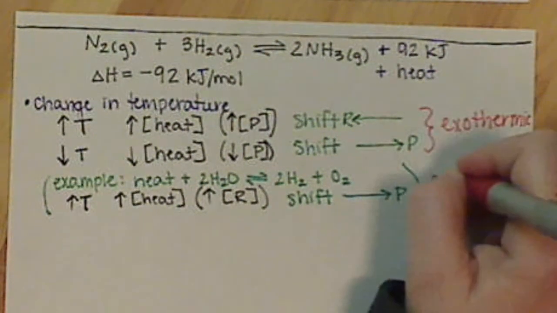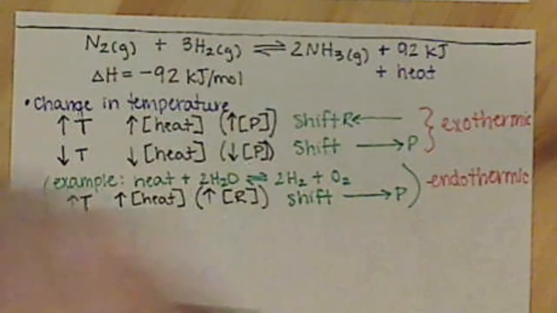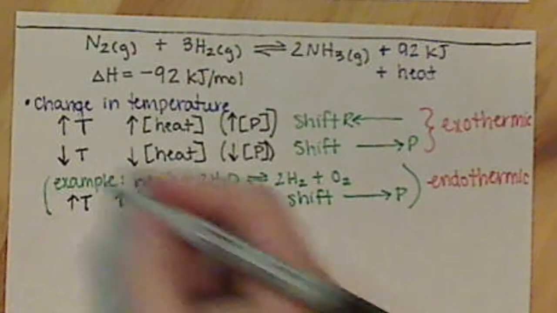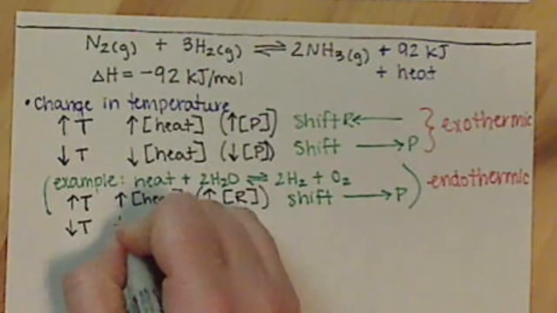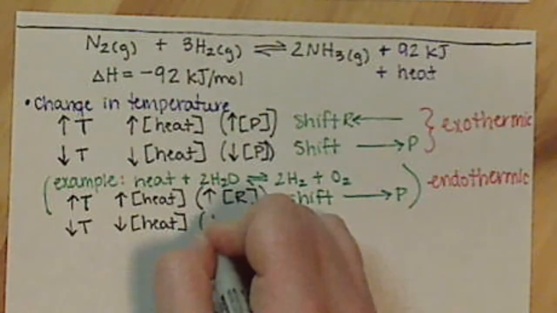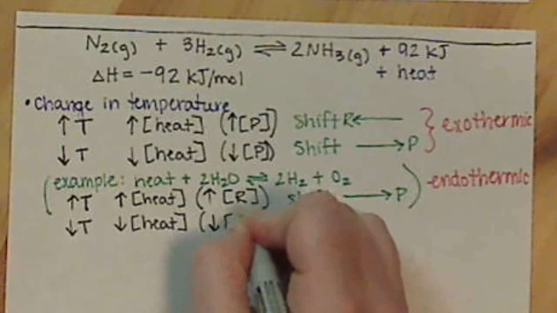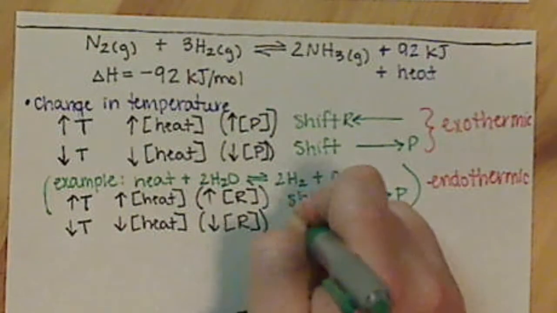This is for an endothermic. And we can make sure your notes are complete. We can put decreased temperature, decreasing the concentration of the heat, decreasing our reactants. So we're shifting to the reactants.